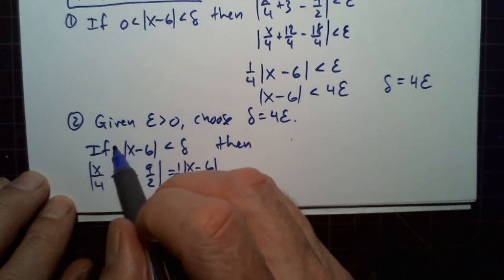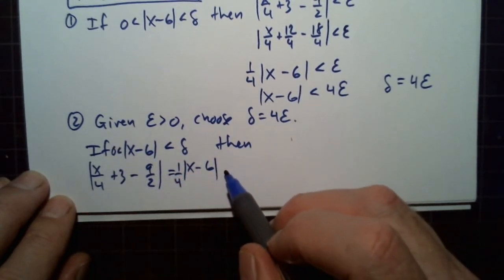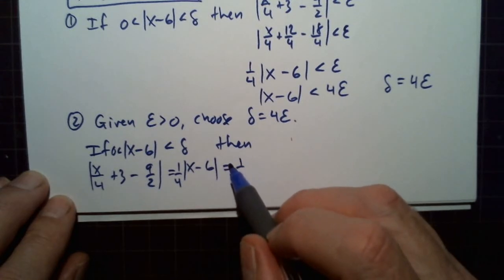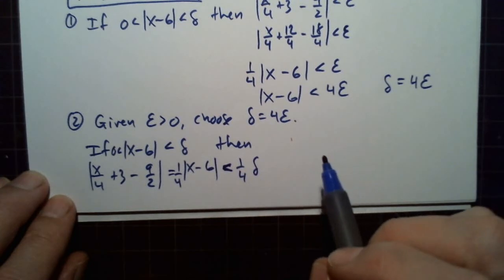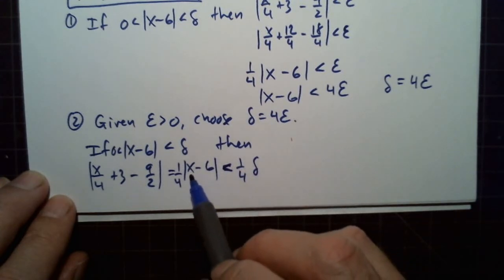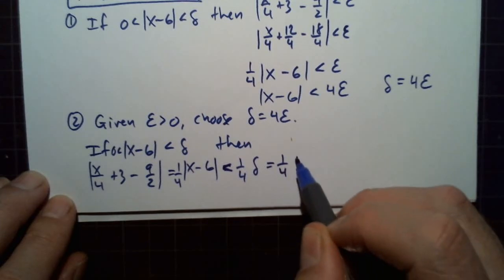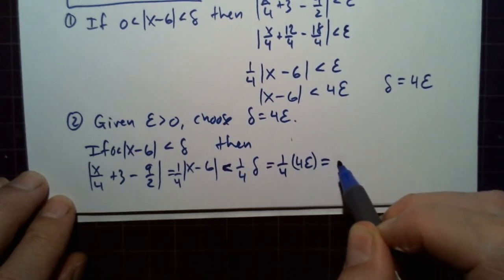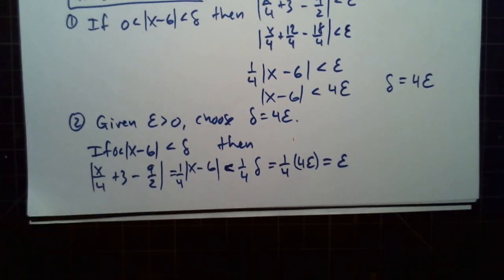Oh, I forgot to put the 0 here. And that will be less than 1/4 delta, because |x - 6| is less than delta, and then delta is 4 epsilon, which equals epsilon. Alright, and we'll stop there.